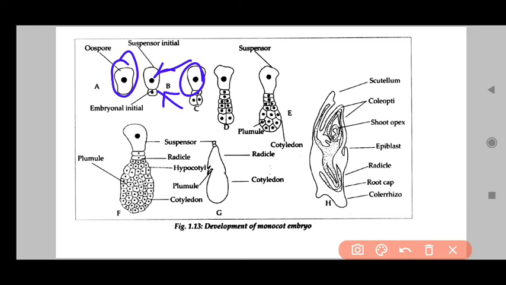Sorry, this was inverted. This is the apical cell and this is the basal cell, and the basal cell then forms the suspensor, and the apical cell continuously forms the cotyledon, the part which will grow.